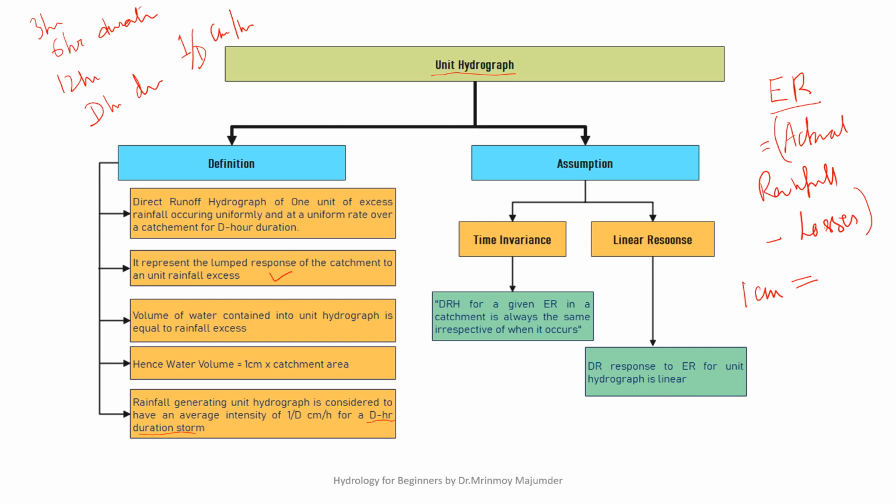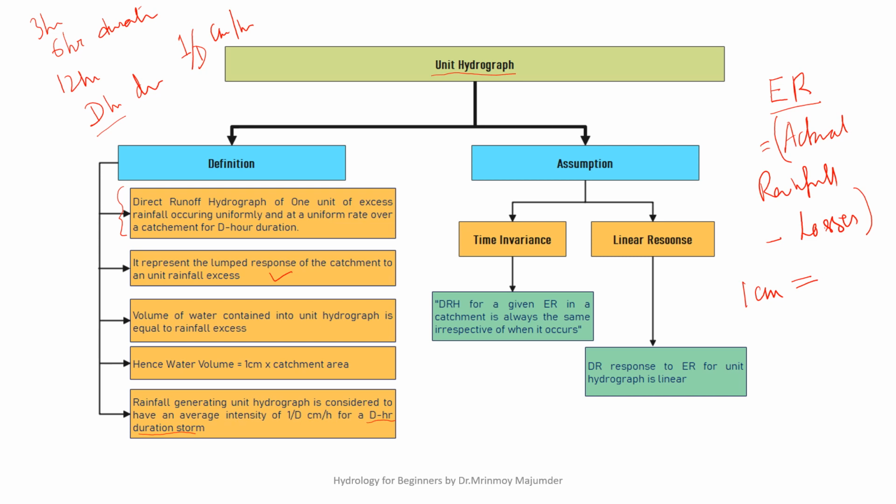This is a very important aspect you must remember always. Whenever you are seeing this d-hour duration, it is not for the hydrograph. It is for the excess rainfall. How much duration of excess rainfall has occurred? Because after the excess rainfall has taken place, only then will direct runoff start. Because we are already deducting, or we are not considering, any losses here.